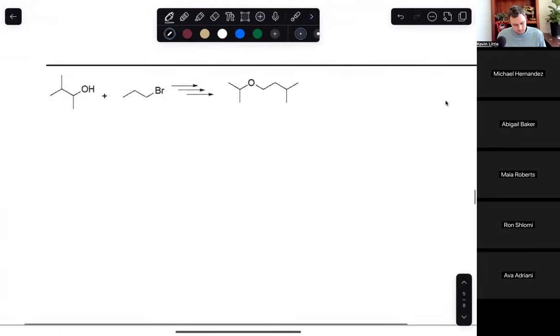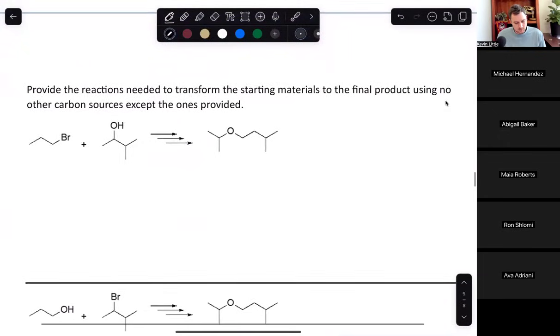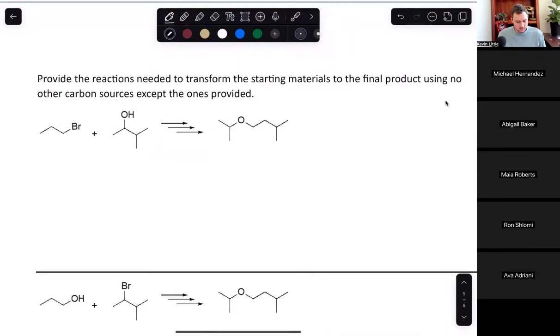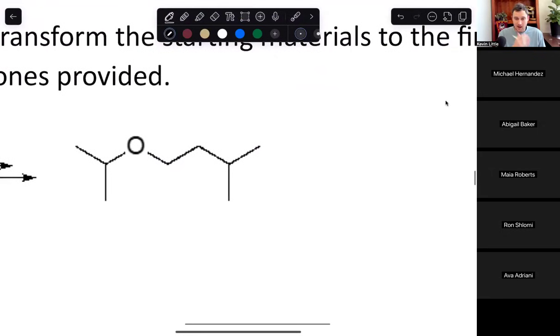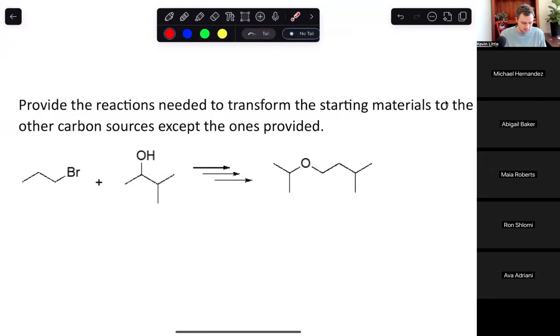A few syntheses. So I look at this final product and I say, I formed an ether. I formed a reaction between these two things. So I'm going to start thinking from that point. I'm going to work backwards. I can either cut this here so the alcohol is on the right, or I can cut it here so the alcohol is on the left.